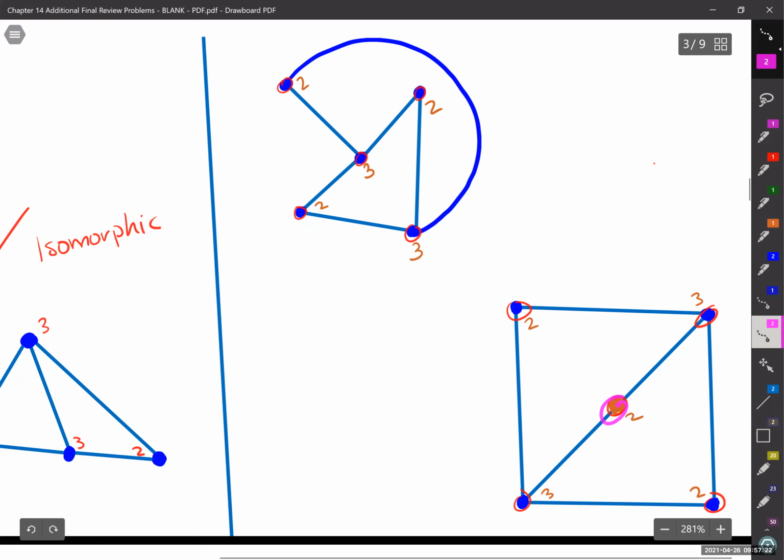Is a degree 2 connected to both degree 3s? Yes, check. Are the degree 3s then additionally connected to the other degree 2s? Check. So these would be isomorphic, if that additional vertex had been added in.